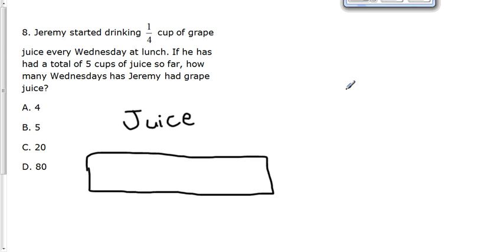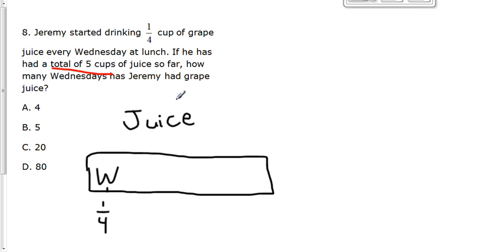Okay, the main idea is about the juice. He can drink 1/4 of a cup of grape juice every Wednesday. So here I have a Wednesday. That Wednesday is worth 1/4 of a cup. It says if he has a total of 5 cups.